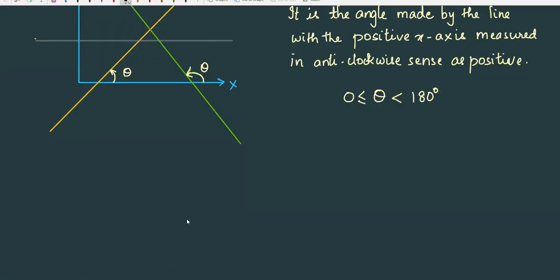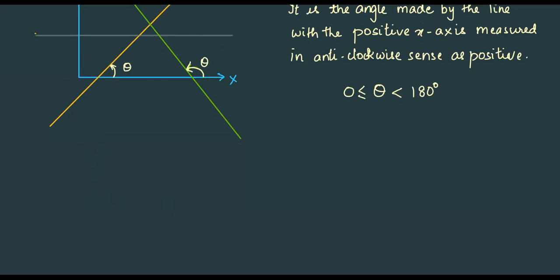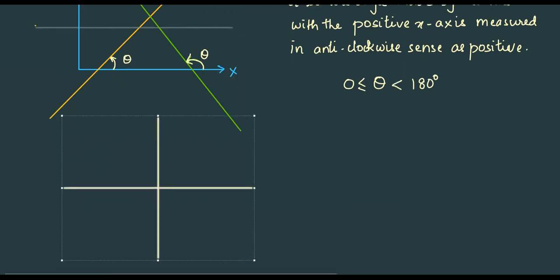At the same time, if you track the angle, this is x and this is y. Now let us take a line which is along the x-axis.